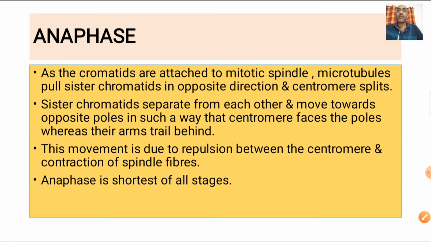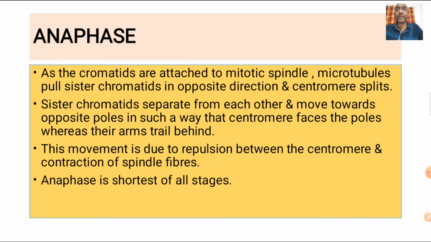Now let us come to the next one, that is anaphase. So what happens during anaphase? Now you have seen that all the metaphasic chromosomes are arranged at the equatorial plate in such a way that the 2 sister chromatids of each chromosome are attached to the spindle fibers of opposite poles.